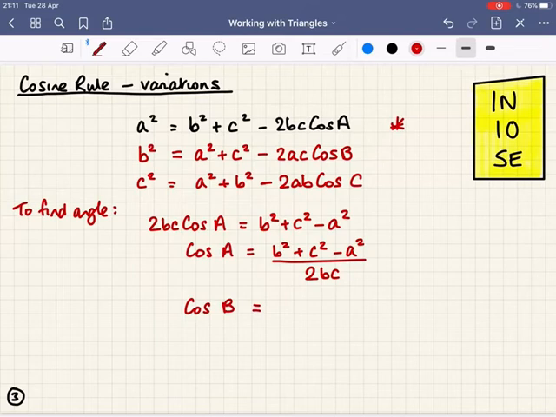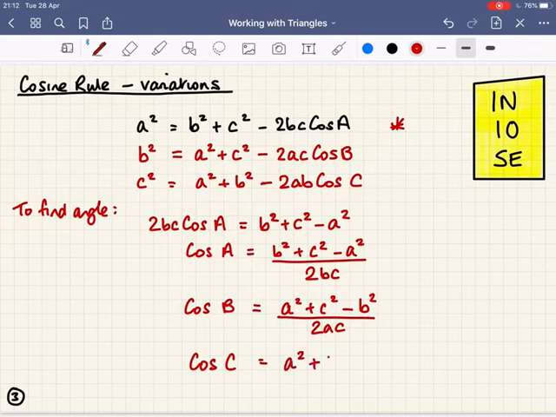So instead of being b squared plus c squared minus a squared, it needs to be minus b squared this time, because that's the side that is paired with my angle B. So I would have a squared plus c squared minus b squared this time, and then on the bottom 2ac, the two sides that include the angle B. And then again, if I wanted the third angle, cos c, this time it would be a squared plus b squared, because they're the two sides that include the angle C, minus c squared, all over 2ab.